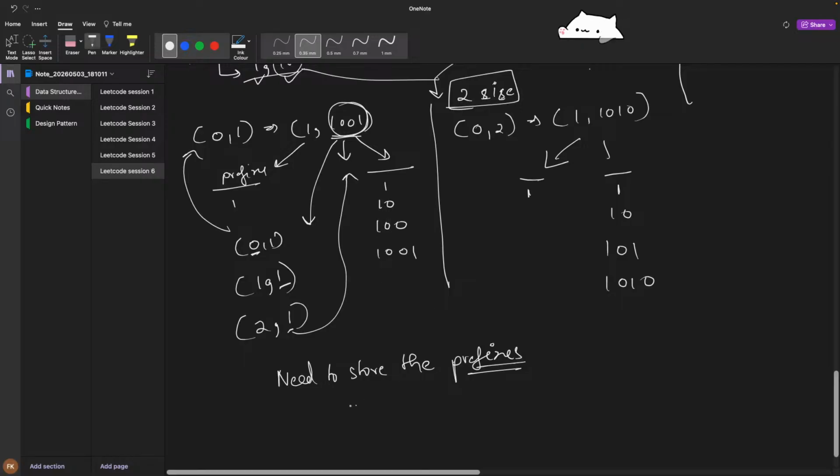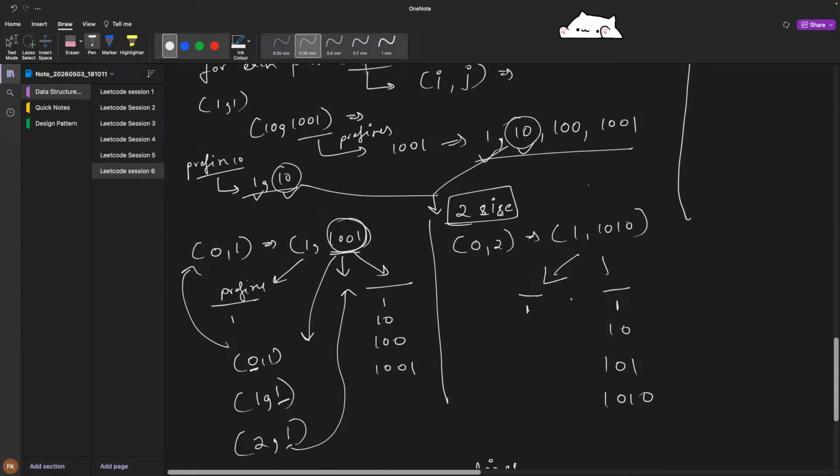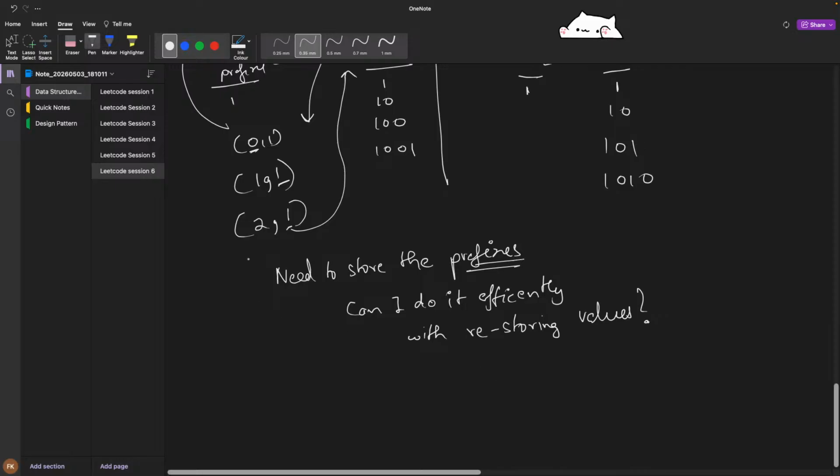So can I do it efficiently without recomputing values? Yes, but let's first see what the time complexity of this approach is. Here the sizes of the arrays are n and m, for example 10 power 4 each, and we are comparing every pair.